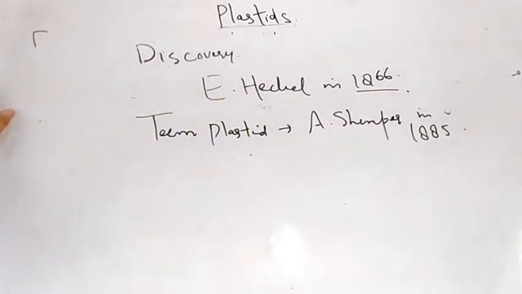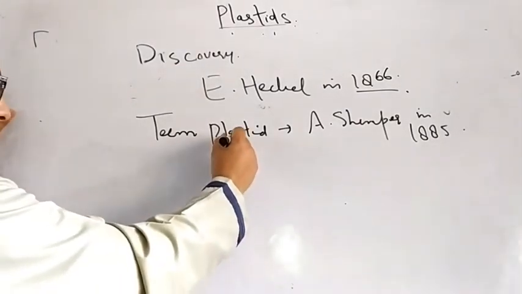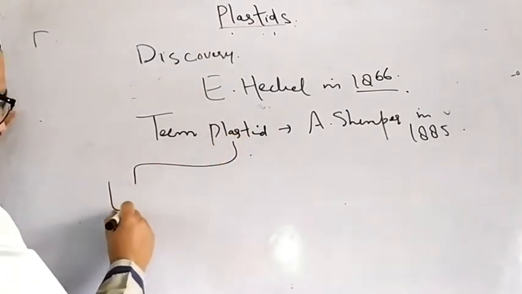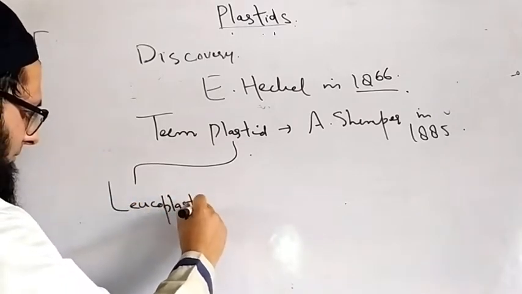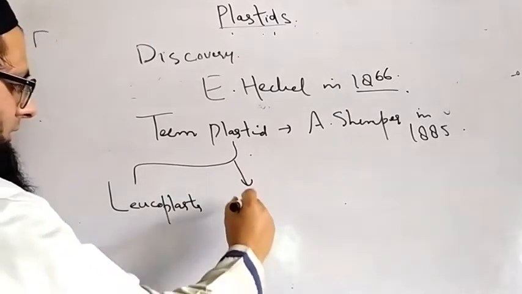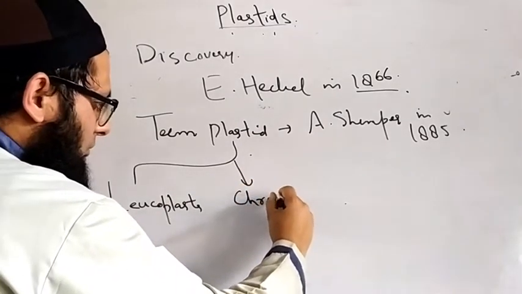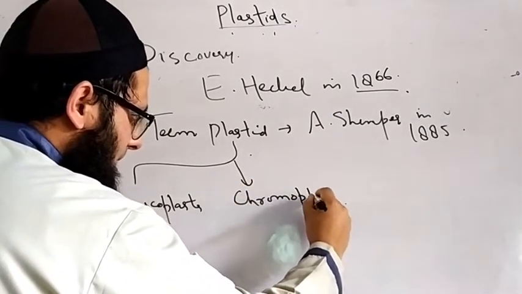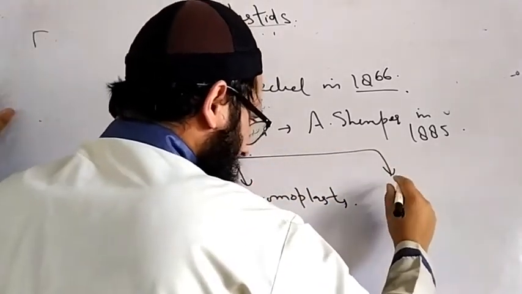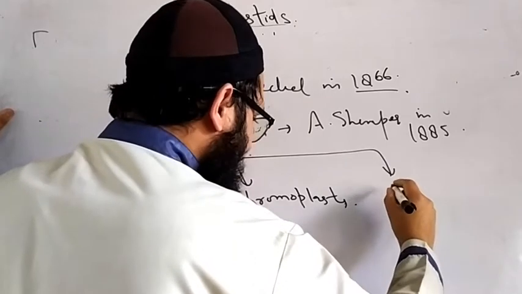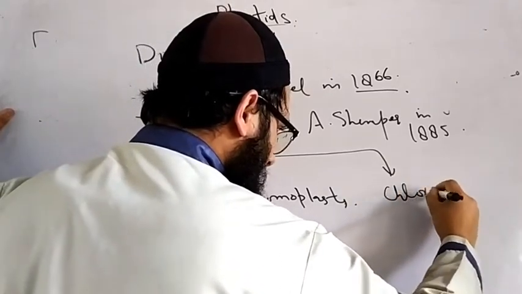A. Schimper also classified these plastids into three types: leucoplasts, chromoplasts, and the third one, with which you are very familiar, that is chloroplasts.